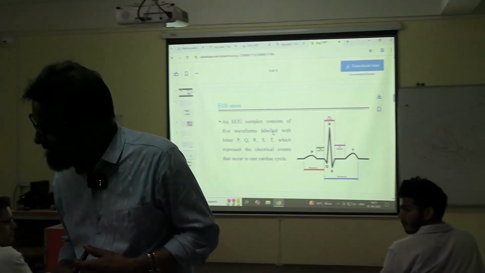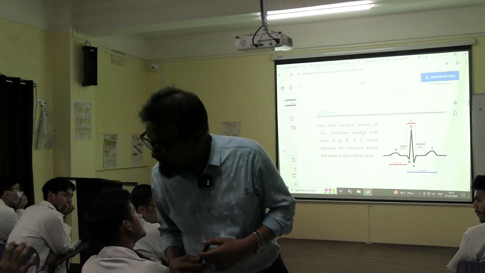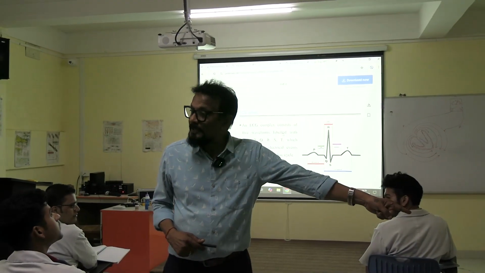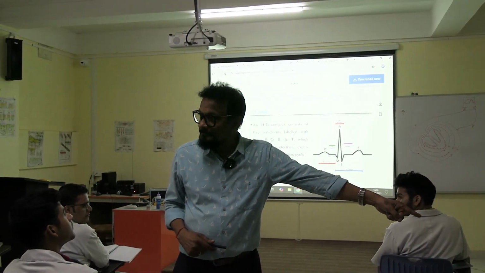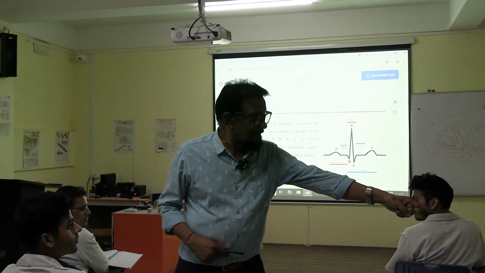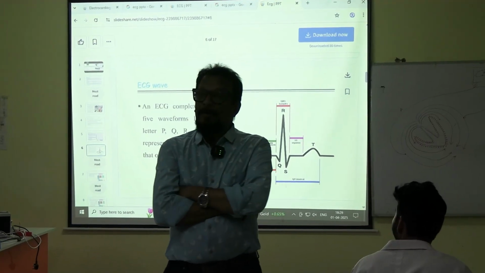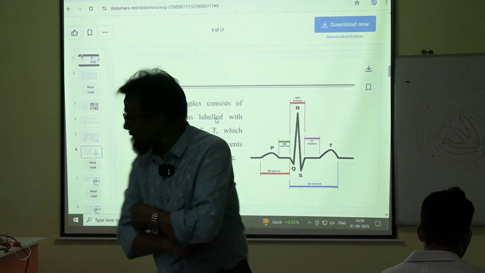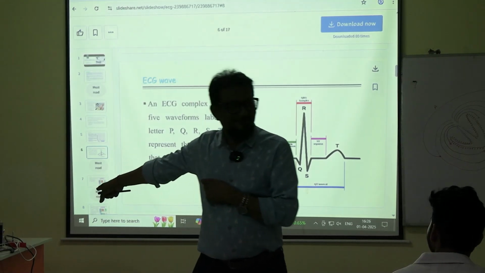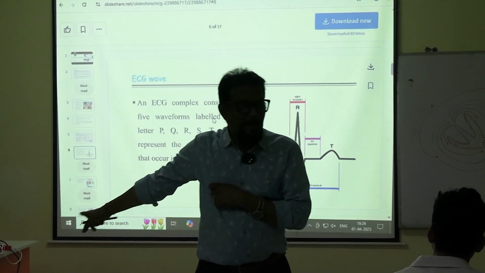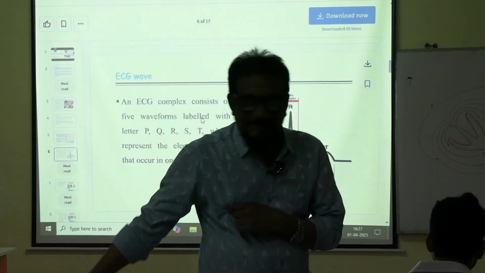But she said just the opposite. Now, who is correct? Electrocardiograph is a machine, and electrocardiogram is the graph we see.